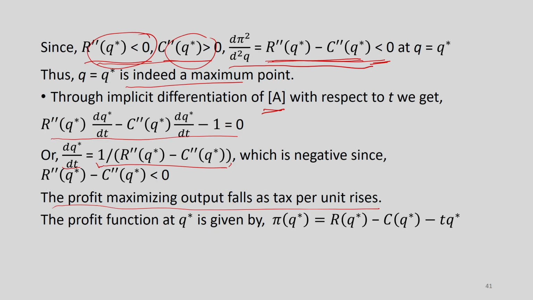Well, to do that, we go back to the profit function and look at it at q star, the profit maximizing output. So, now this is obvious. I just have to replace q by q star, and so pi q star will be r of q star minus c of q star minus t multiplied by q star.